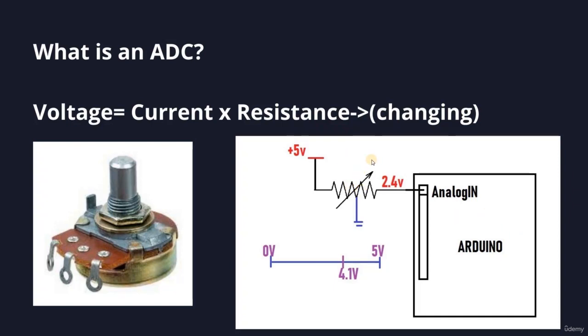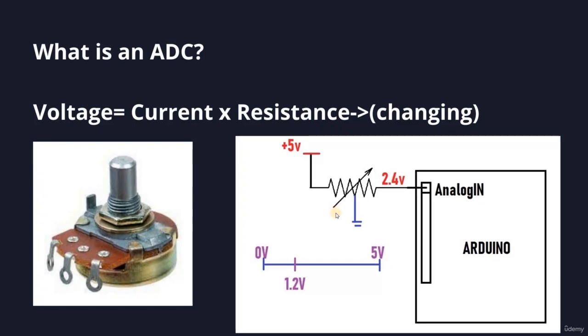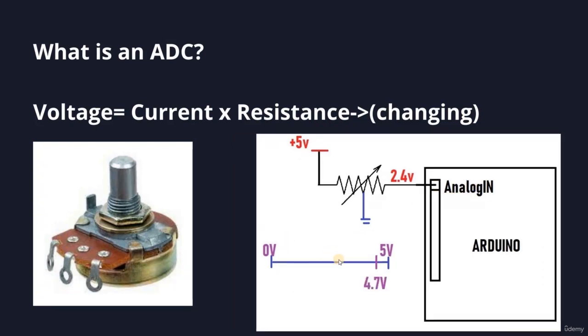If we play with the resistance, say we change it so that the voltage decreases, we read 1.2 right now. If we change the resistance again, we might see a voltage of 4.7 at this point, and this will be converted to binary.